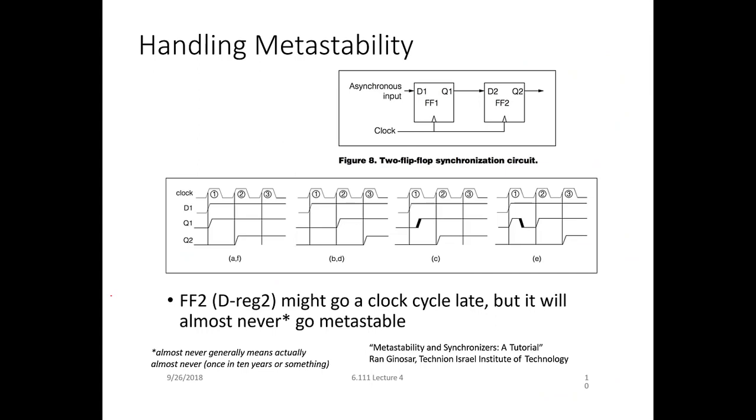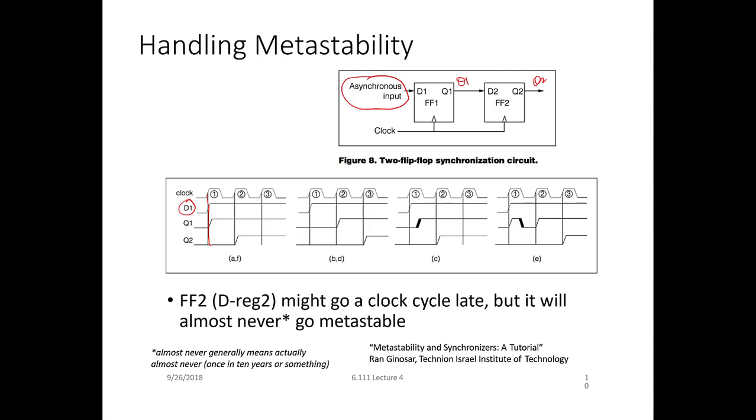So how can a system become metastable? When asynchronous inputs are fed to it. So imagine this is our D input, and this is our system. So this is our Q1 and this is our Q2, and here comes an asynchronous input D1. So what can happen is that on the first clock cycle it may be caught by Q1.